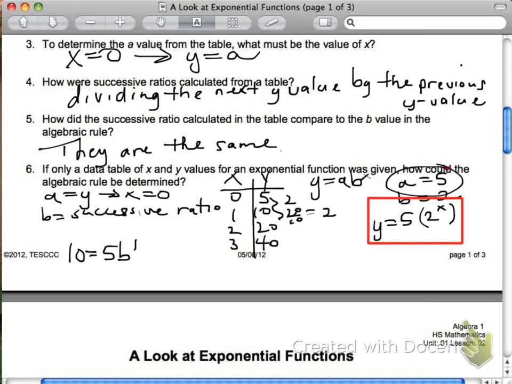So I got all this information for this particular function from the table. 10 was my Y value, 1 was my X value, 5 I knew because I just remember that, but I can't remember how to find my B. Can I solve this algebraically? Yeah, because B to the first power is B, so 5 times B. Now divide by 5. So B equals 2. So it still works out algebraically as well.